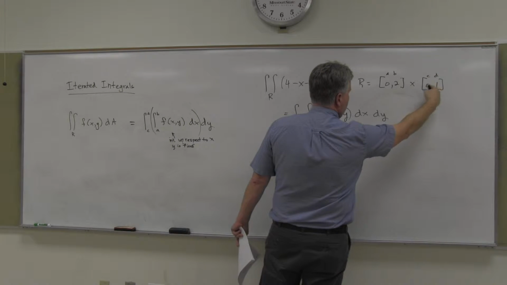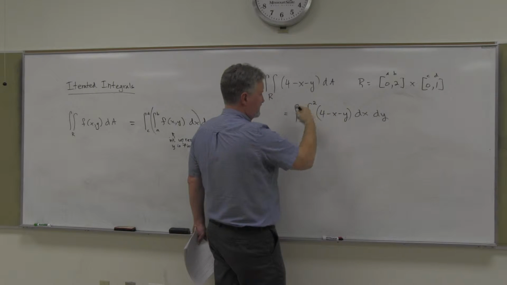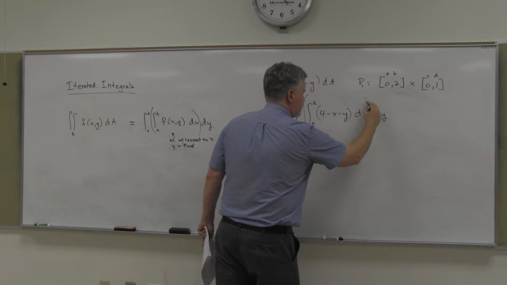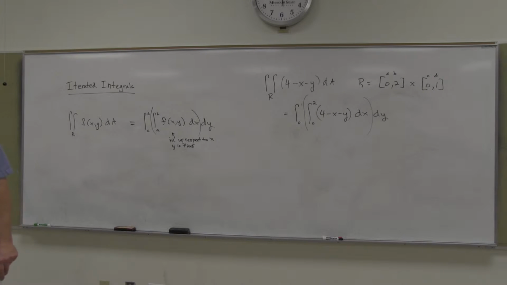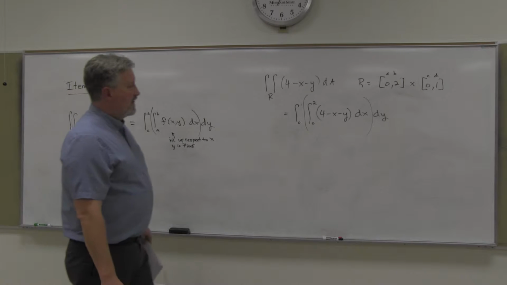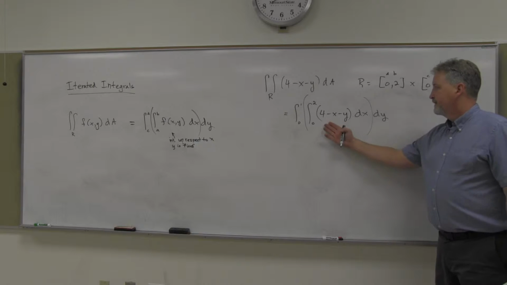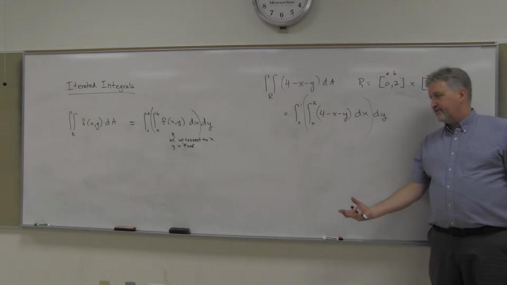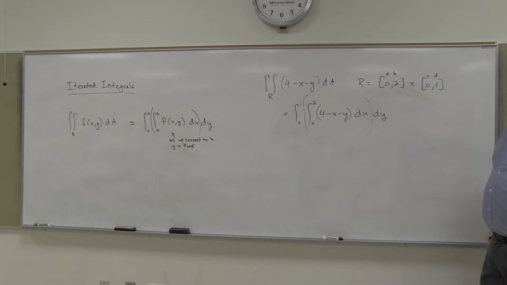And then the y's go on the other integral limits, so the y's go 0 to 1. I'm going to do the innermost first: integrate with respect to x, treating the y as a constant. We talked about partial derivatives; now we're doing partial antiderivatives, one way we could phrase it.